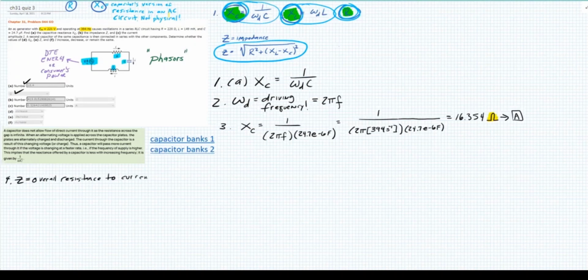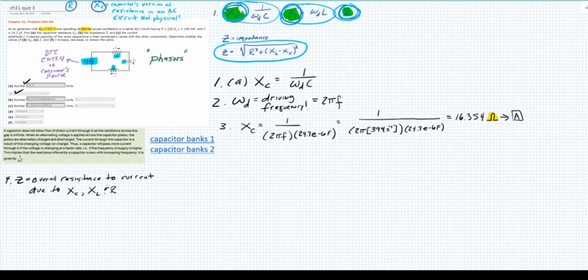Current flow is redundant. This is the overall resistance to current due to the capacitive resistance, which is really better termed capacitive reactance, the reactance brought about by the inductor, and the resistor, the physical.